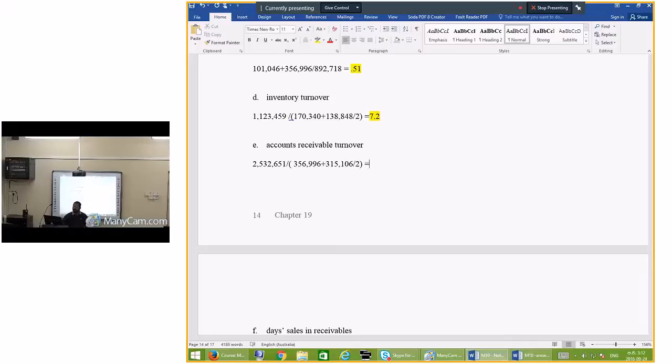That is called accounts receivable turnover. That means on average 7.5 times.